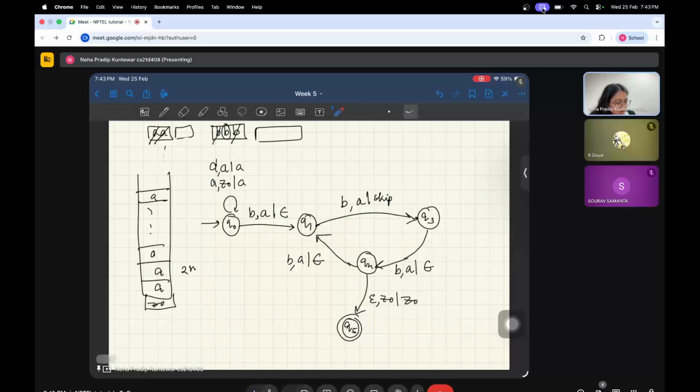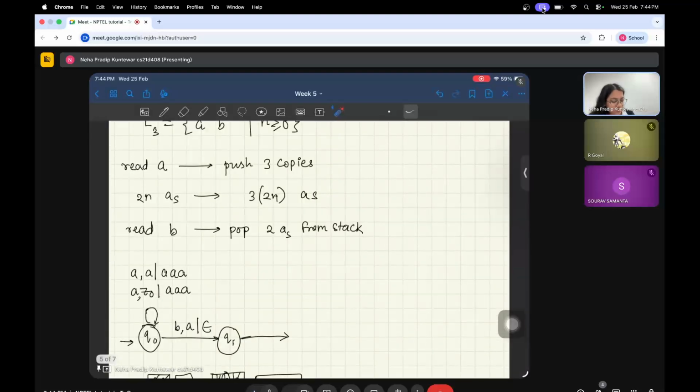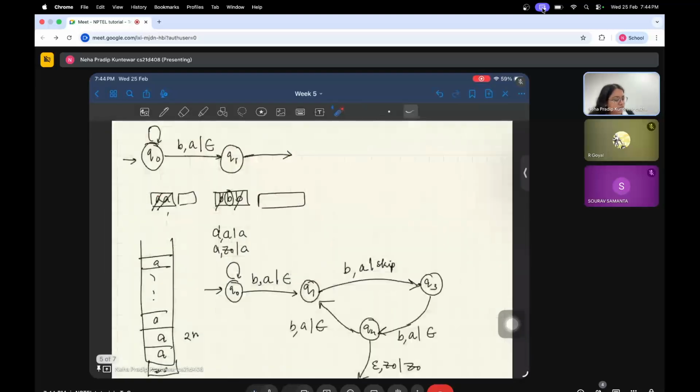Here we are popping off the first B, the second B we are skipping, and then we are popping off again. So after doing this, if the stack is empty, then you know that 2 times the number of A's is equal to this thing.